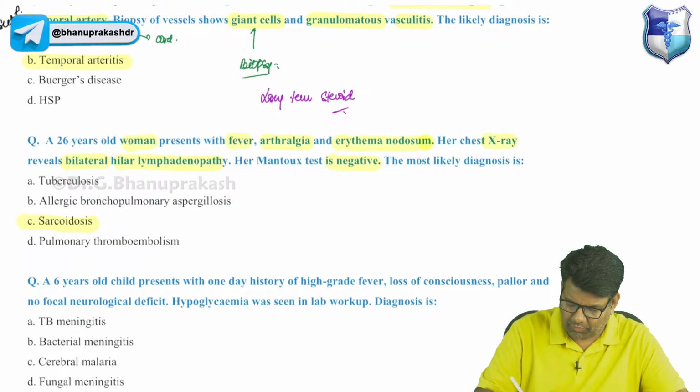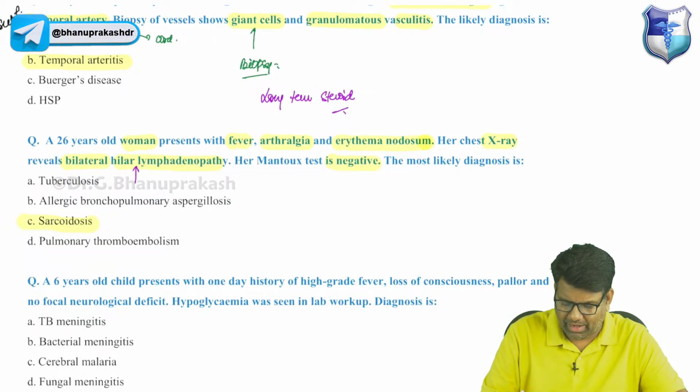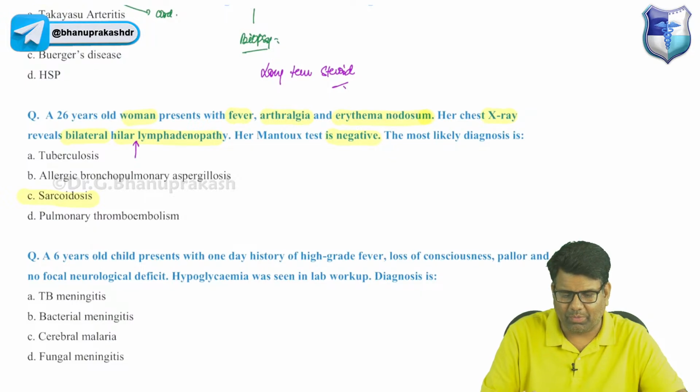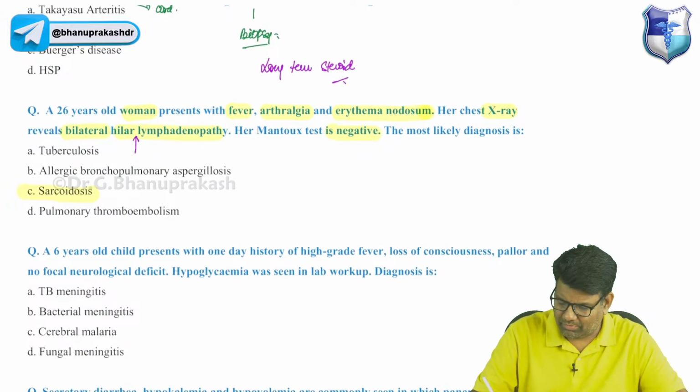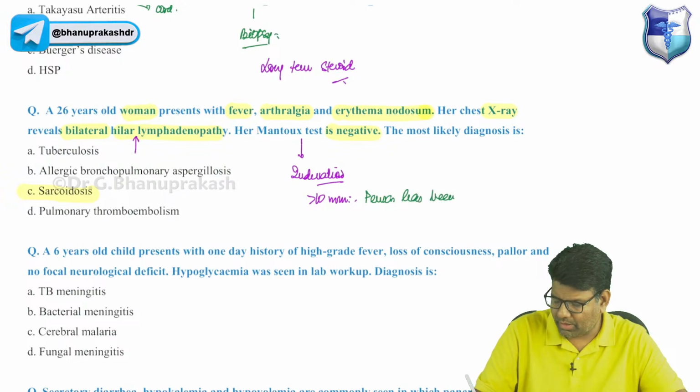So for sarcoidosis, this is one very important clue: bilateral hilar lymphadenopathy. And for Mantoux, we look at the induration, it is more than 10 millimeter. The interpretation is that the person has been exposed to tubercular protein.